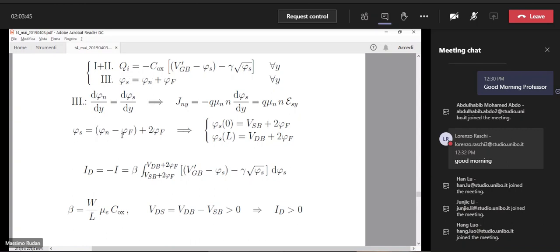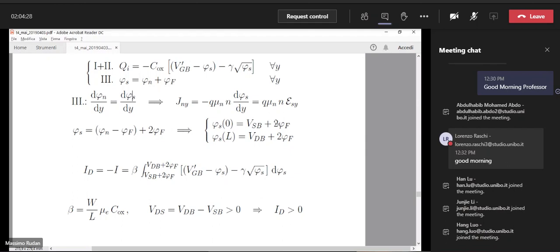We subtract phi f and we add phi f, okay? It is possible to demonstrate that at the left end of the channel, that is when y is equal to 0, this difference in parentheses becomes equal to the voltage VSB. So at the left end of the channel, phi s at 0 becomes VSB plus twice the Fermi potential.